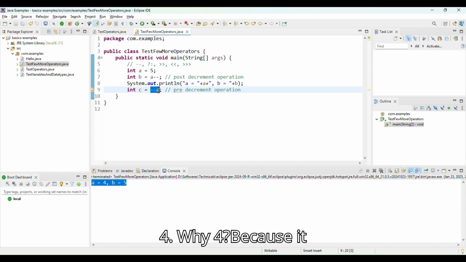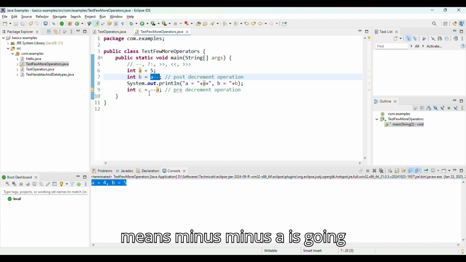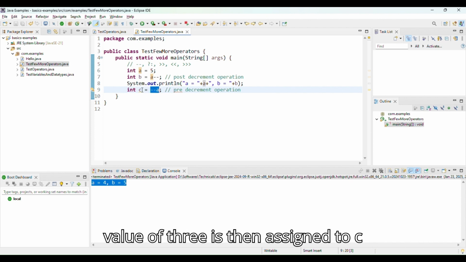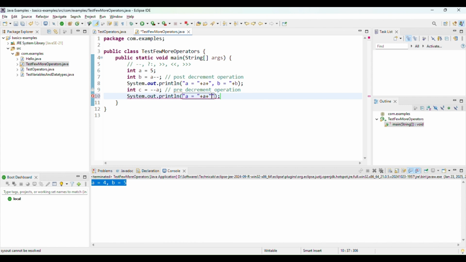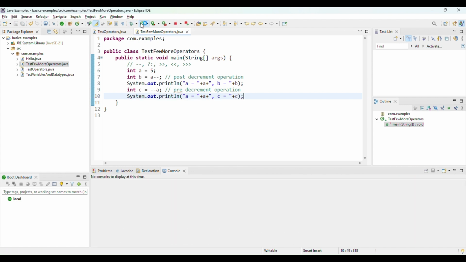Why 4? Because it is already decremented by 1. So minus minus a is going to be 3, and the value 3 is then assigned to c. Let us print a and c and see the output. It should be 3 and 3.